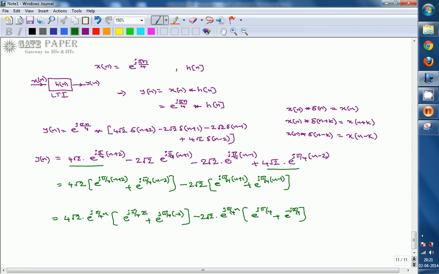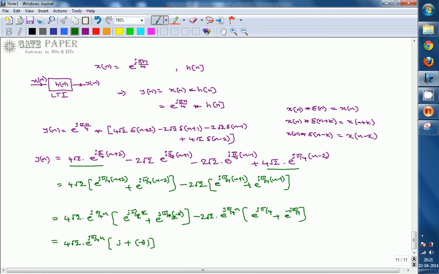Here the first becomes e power j pi by 2, and the other becomes e power minus j pi by 2. So we have 4 root 2 e power j pi by 4 n times e power j pi by 2, which is cos pi by 2 (0) plus j sin pi by 2 (1), so it is j, plus e power minus j pi by 2, which is cos pi by 2 minus j sin pi by 2, and this becomes minus j.